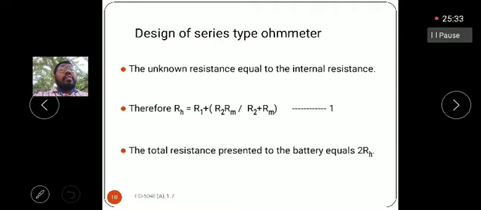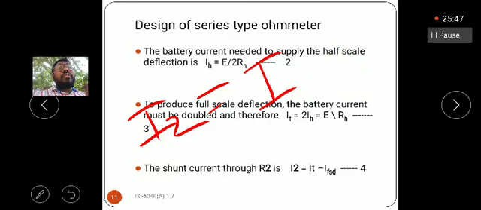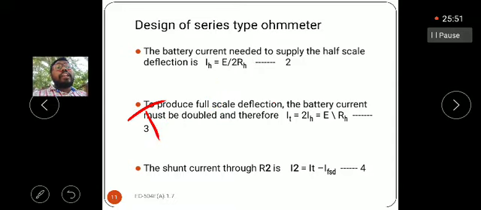Then we separate the R1 and R2 resistances based on these equations. The battery current needed to supply the half scale deflection is IH, equal to E, the battery voltage, divided by 2 into RH.